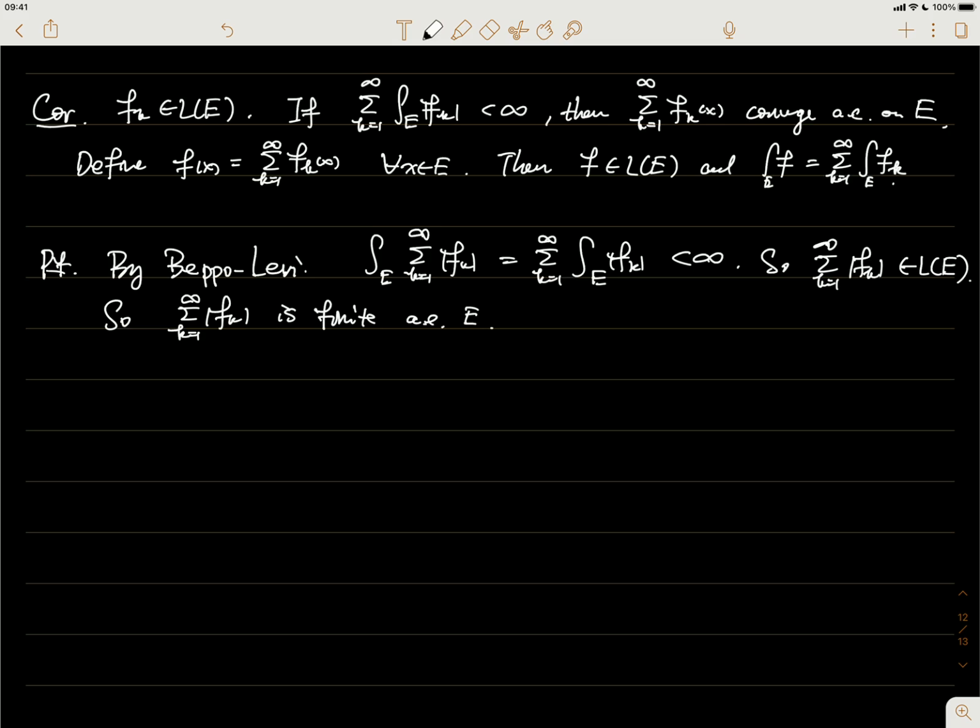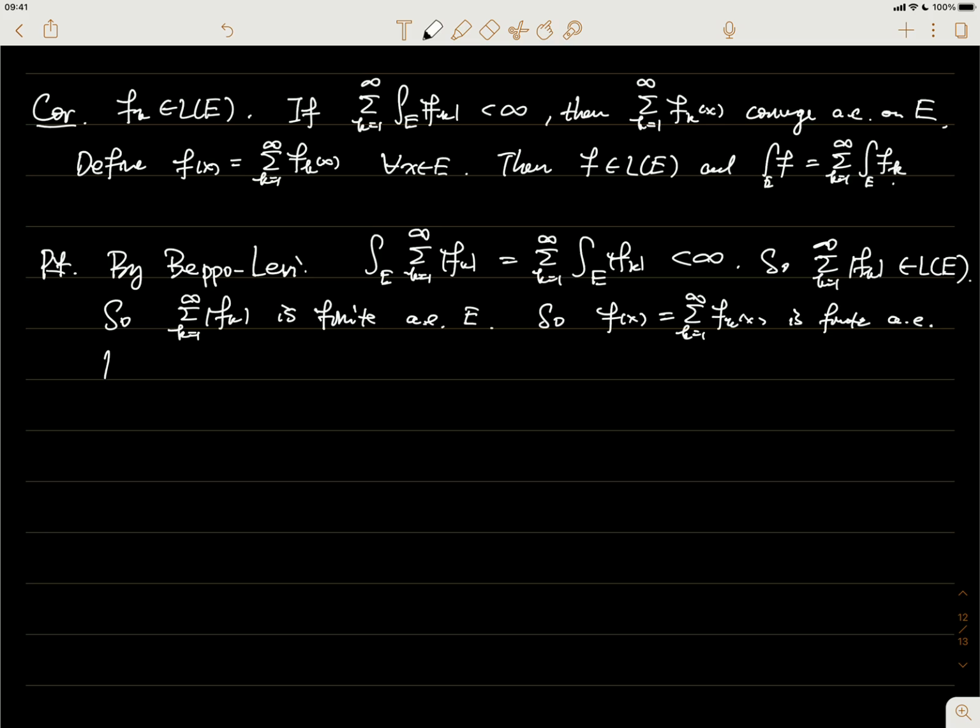So that means f(x) defined in this way is finite almost everywhere. All right, and then because of this, we can also consider the integral of the partial sum.